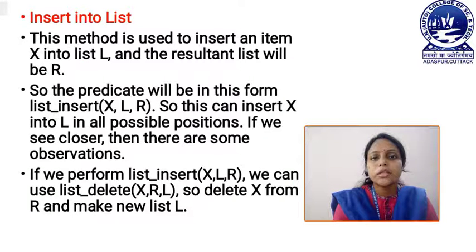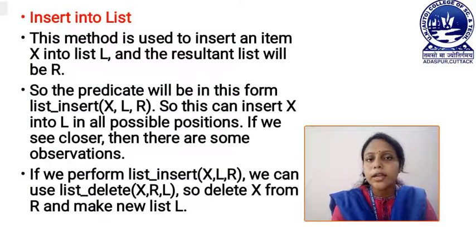Then next, insert operation. This method is used to insert an item X into list L and the resultant list will be R, which means here we want to insert one element into our list.